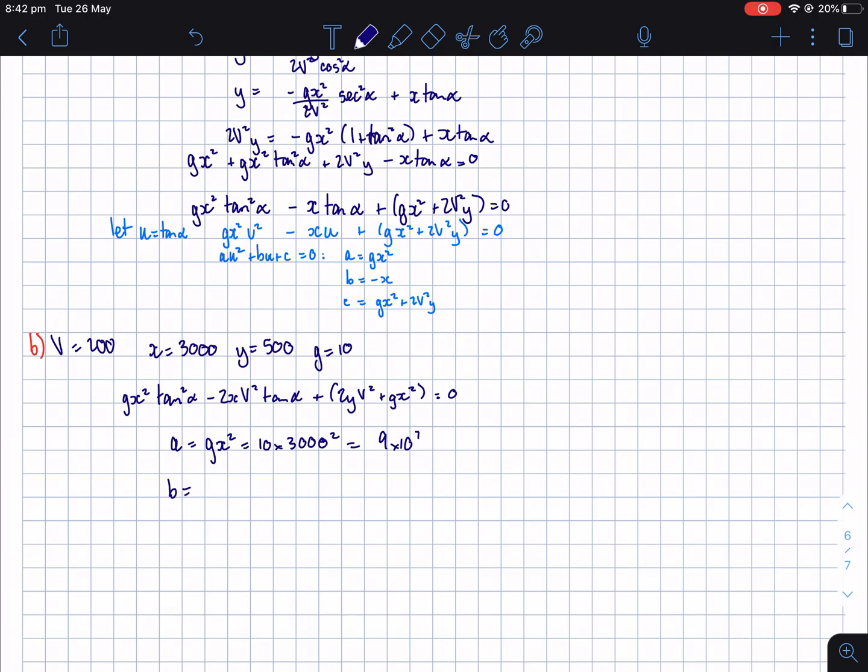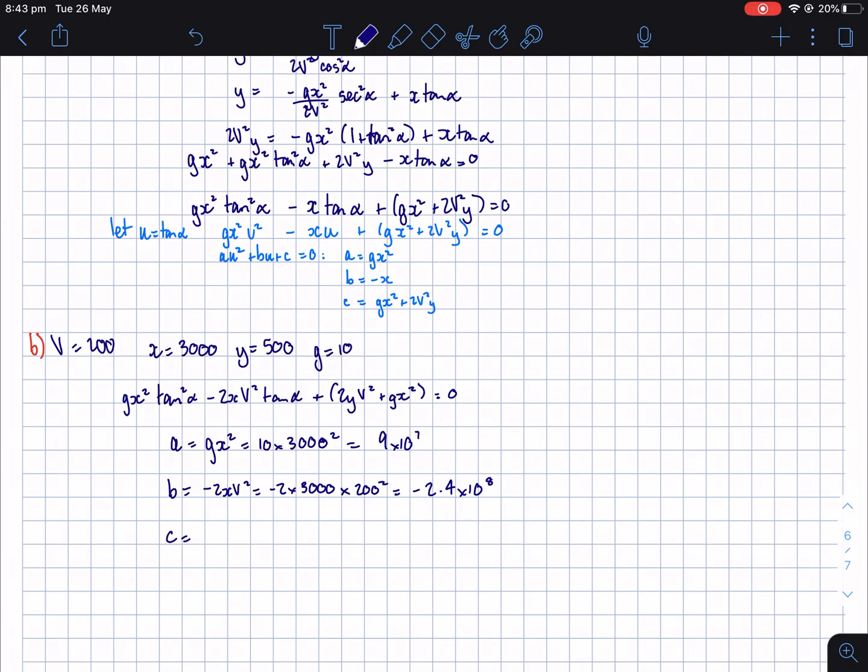B is minus 2xv squared, so minus 2 times 3,000 times 200 squared, that's negative 2.4 times 10 to the 8.